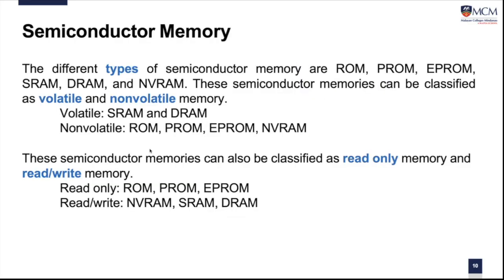The different types of semiconductor memory are ROM, PROM, EPROM, SRAM, DRAM, and NVRAM. These semiconductor memories can be classified as volatile and non-volatile. Volatile memory, such as SRAM and DRAM, means the data will be erased when the power is turned off.